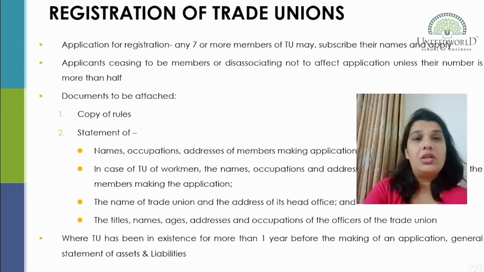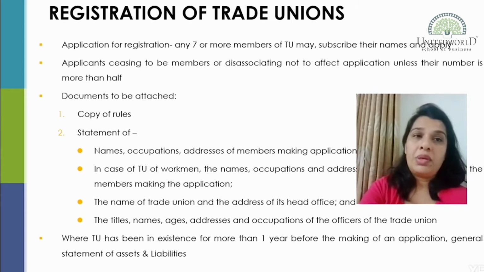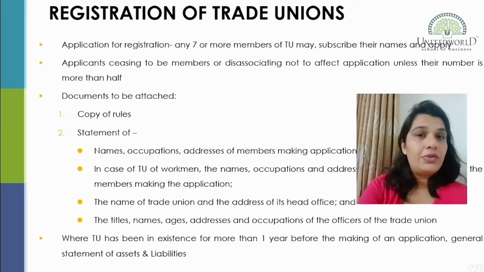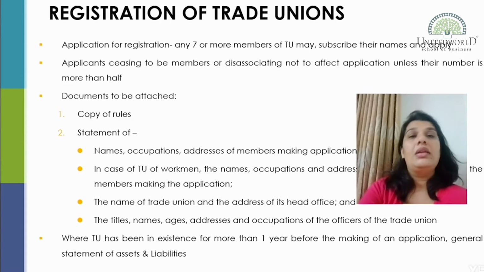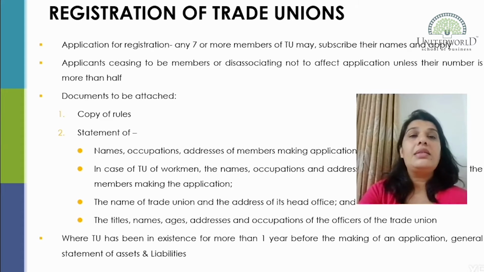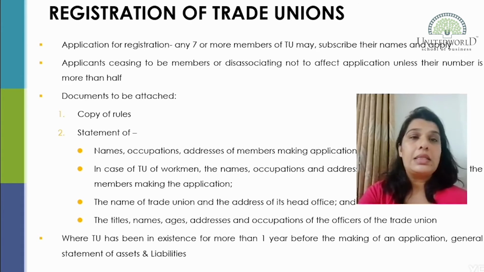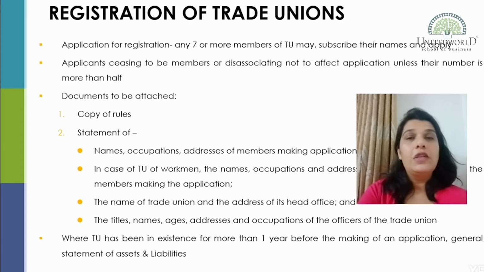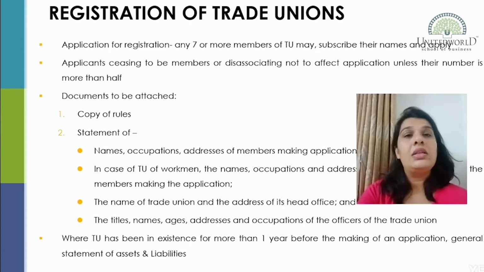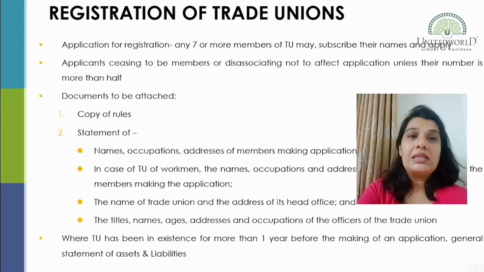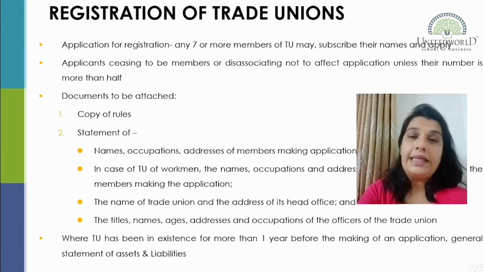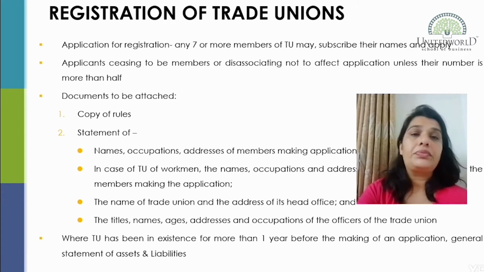For application for registration, any seven or more members of a trade union may subscribe their names and apply to form a trade union. The next step: applicants ceasing to be members or disassociating does not affect the application unless their number falls below half. So once the trade union has been formed, unless half of the members leave, it cannot be dissolved.